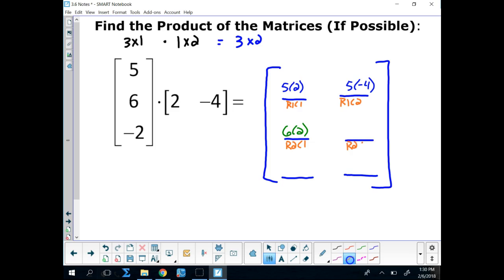Row 2, column 2, that's going to be 6 times negative 4. Row 3, column 1, and row 3, column 2, that's going to be negative 2 times 2 and negative 2 times 4.